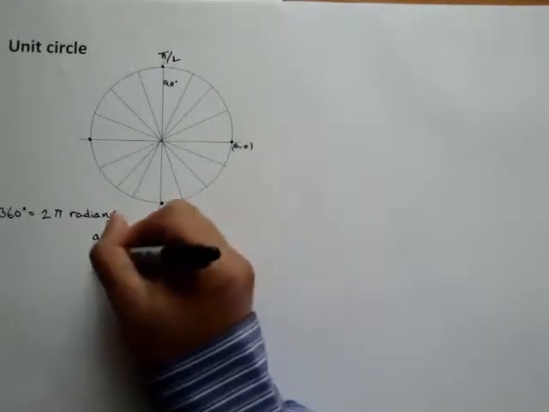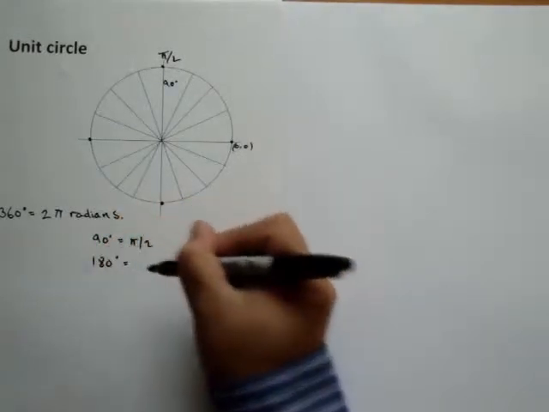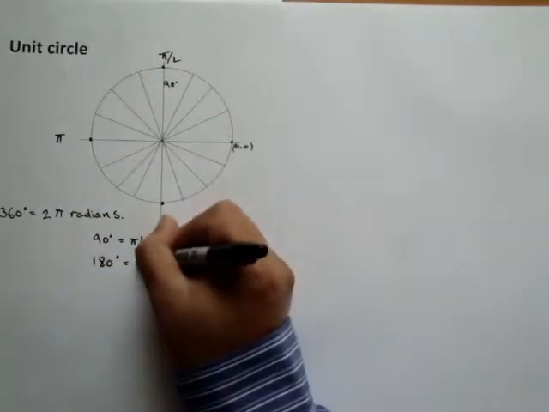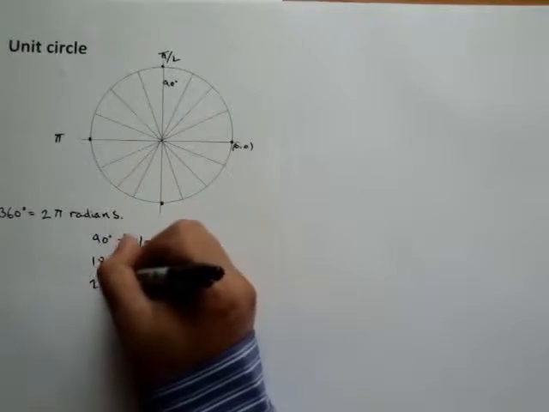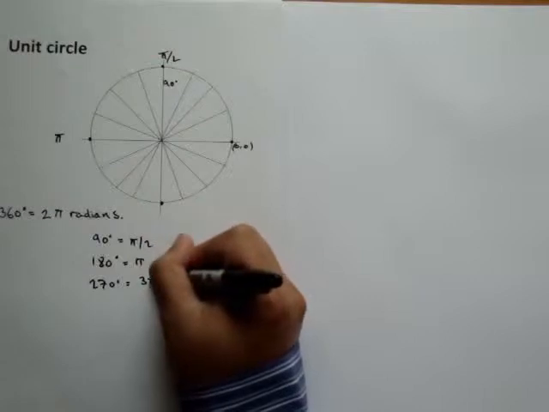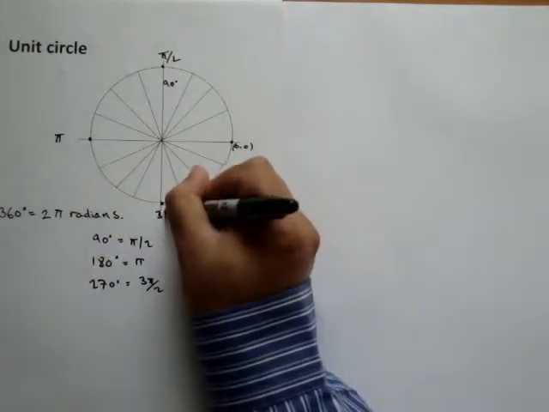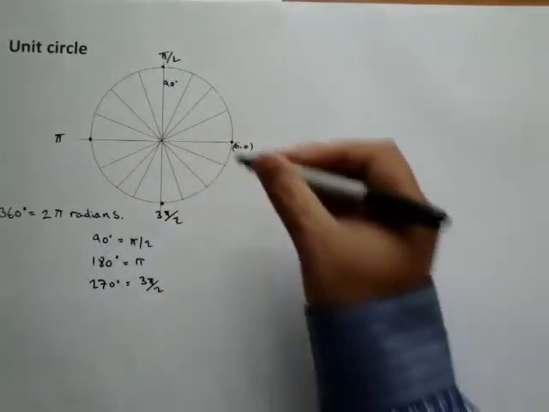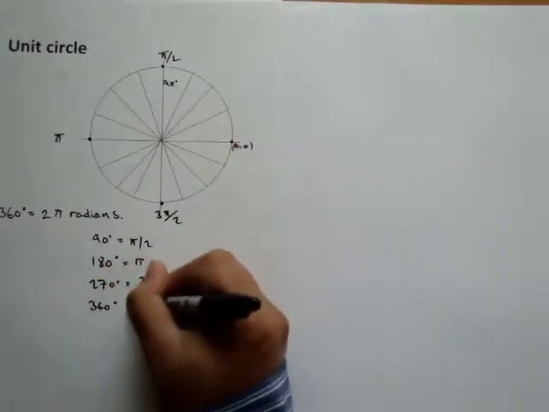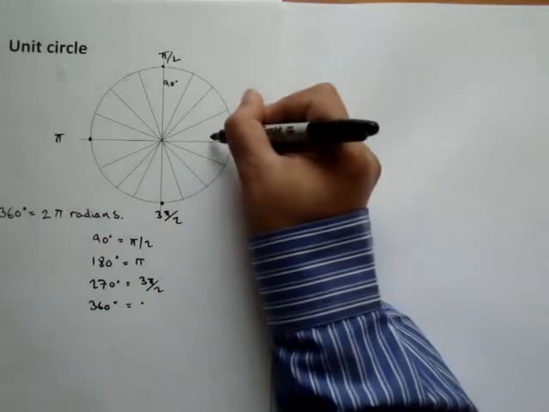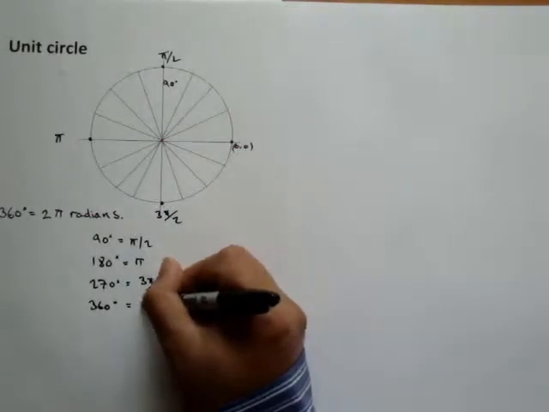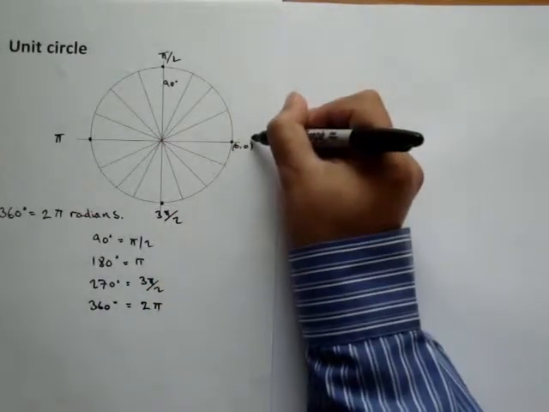At 180 degrees, which is here, we have pi radians. And at 270 degrees, we have 3 pi over 2. And here, when we're back to 360 degrees, because it's a unit circle with a radius of 1, we have 2 pi radians. So this would be 2 pi.